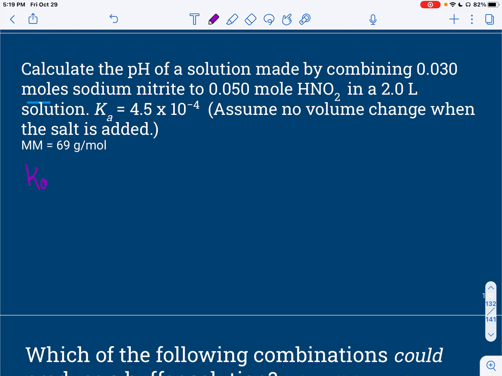So we're going to use our Ka expression. And we know that for all of our Kas, they look something like this. So we'll just use our generic one. And we know we're going to have 0.05 of HNO2, which is our weak acid, okay? We are going to have 0.03 of the nitrite. Nitrite is its conjugate base, so that's A minus here.